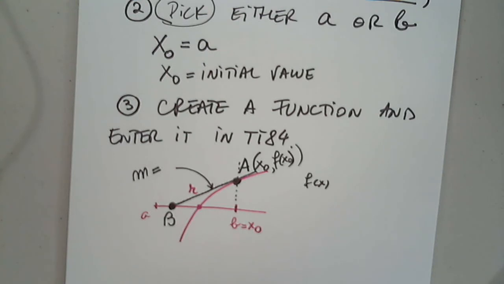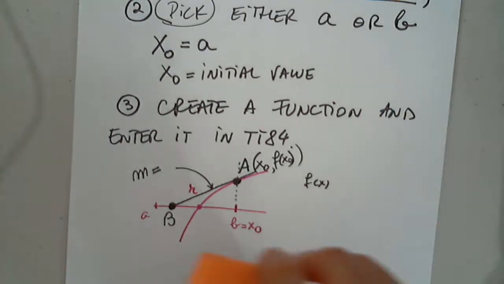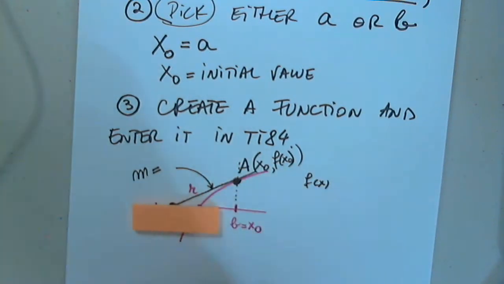Anyone? Oscar? Go ahead, Josh. f of b minus f of a over... I want the slope of that line. This is the rise over run, right? True. But that's algebra.